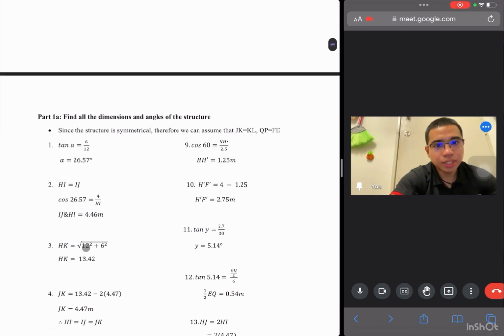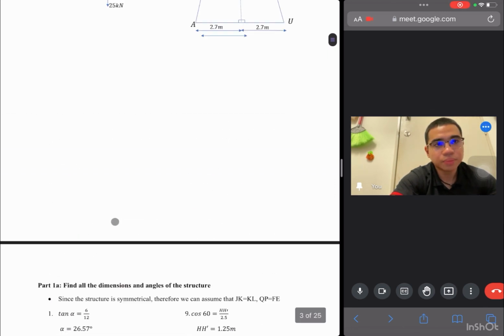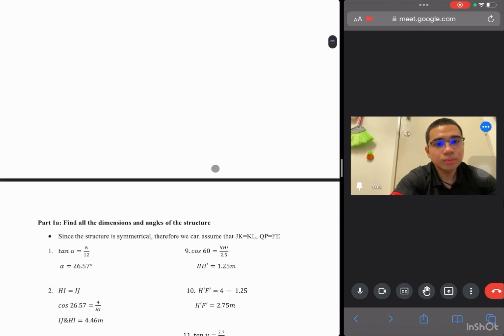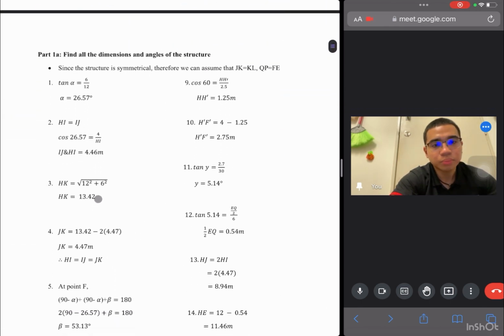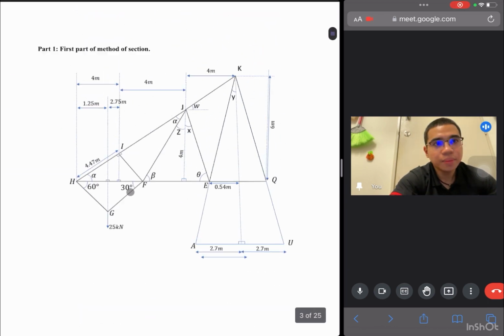HK we get from the square root of 12 squared plus 6 squared, where 12 is this length and 6 is this length. We can see this is a right angle triangle. So HK equals 13.42 meters. Now we find JK.